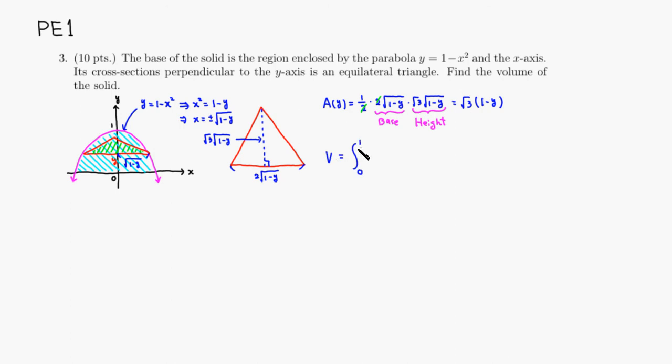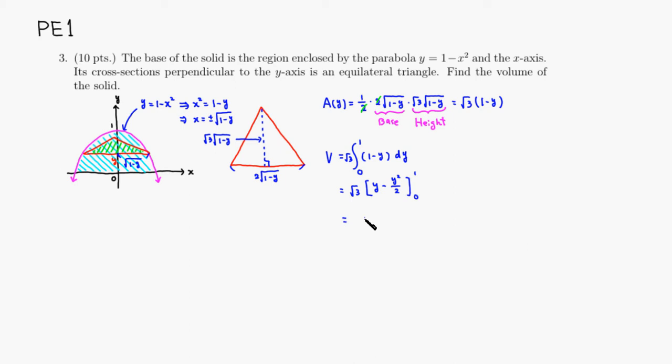Then A of y is square root of 3, I'll put the square root of 3 right here, times 1 minus y with respect to y. So this is square root of 3. The antiderivative of 1 is y, and the antiderivative of y is y squared over 2. Then you're going from 0 to 1.